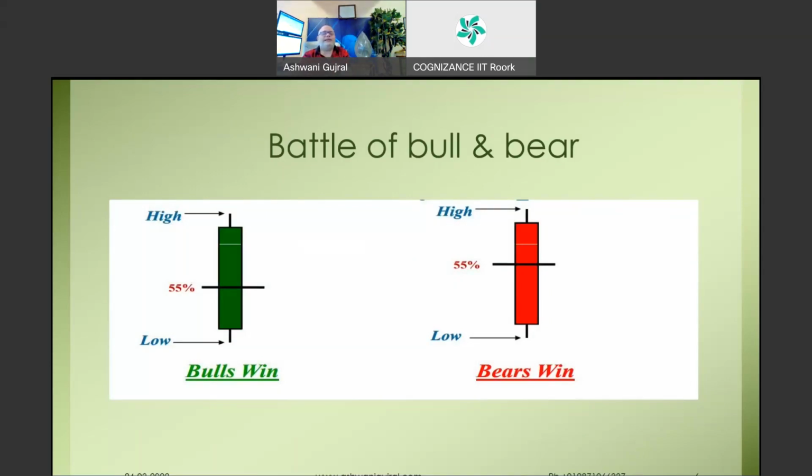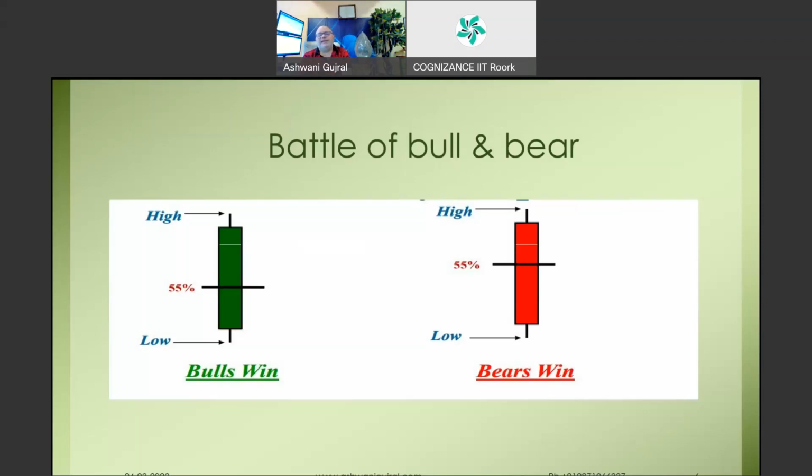So just by looking at the bar, I can say that the bulls won and prices went up. So you have open, close, high, and low. And similarly, on the bearish side, again, the high is above the low, and similarly, the open also is above the close. So that is how you look at a bullish and a bearish bar.